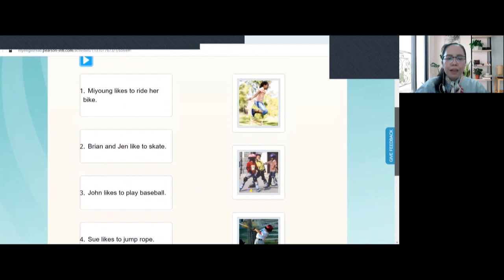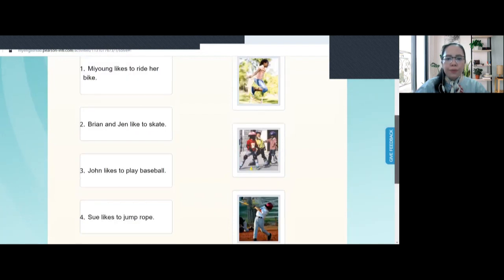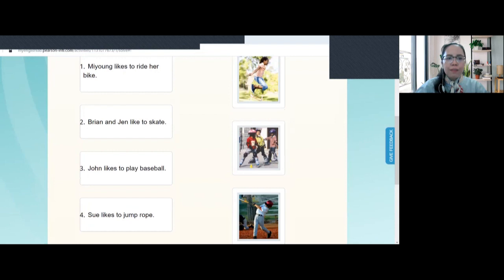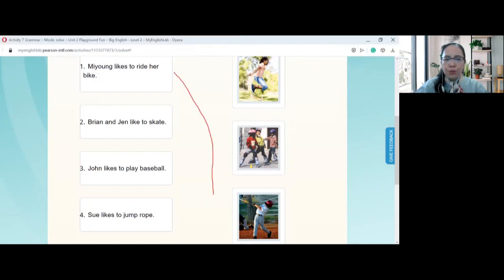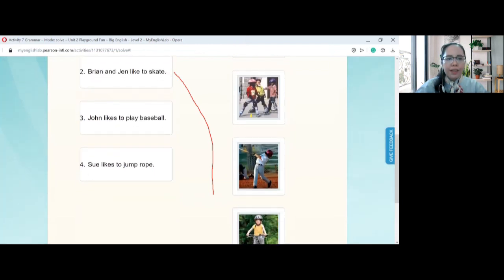Okay, since Mi Young likes to ride her bike, so I have to match this sentence with the picture at the bottom part, right? It's to go down, yeah?